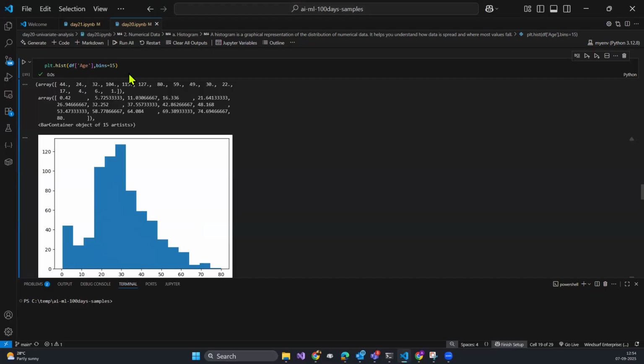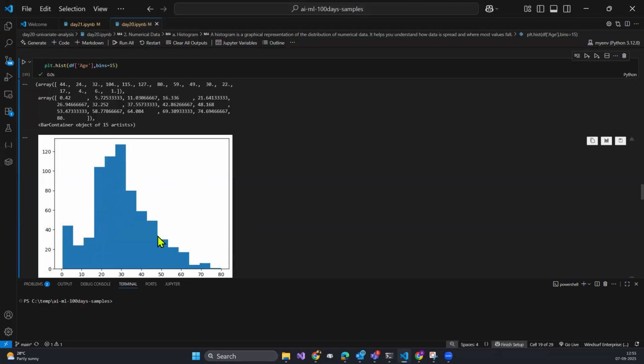Hence, the whole data set has been divided into 15 bins, right? And then here we are seeing the highest number from, it seems like, 2 to 5 years of age compared to 5 to 10 or 12, right?